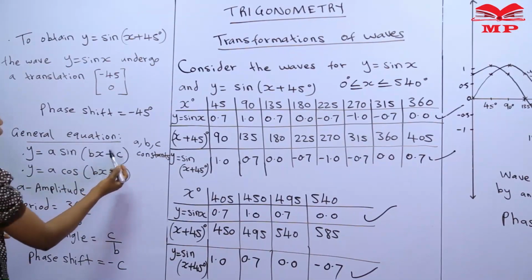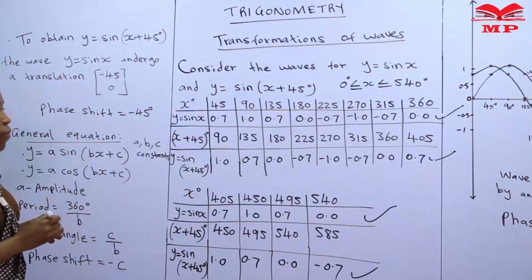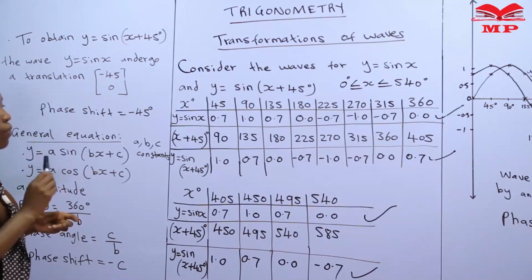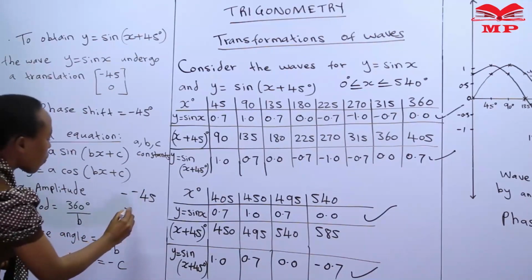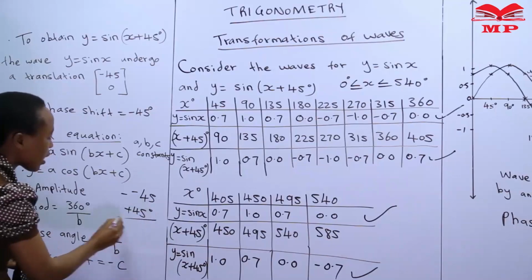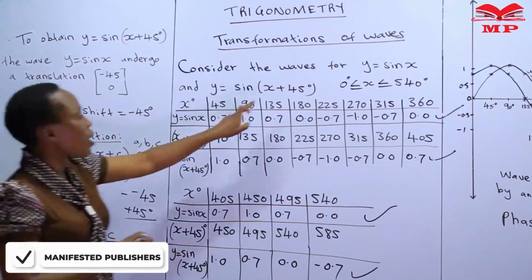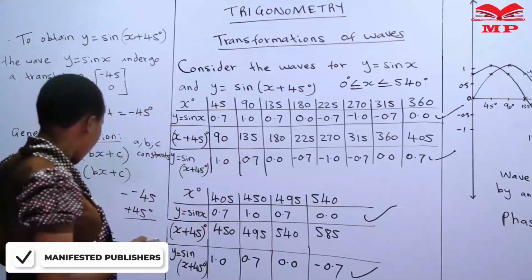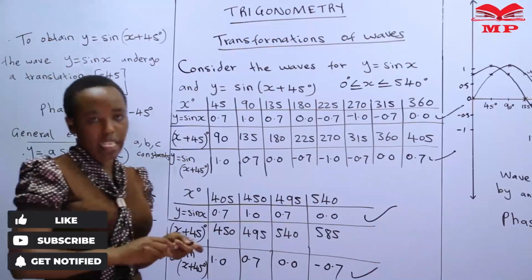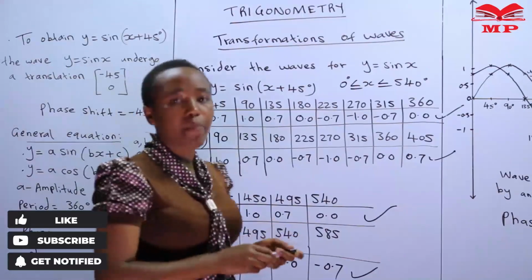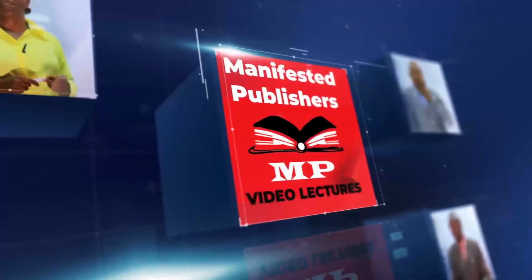Because if c is negative, we will have negative negative 45, which will be positive 45 degrees. So that will be the phase shift. But in this case, we have positive, so we have negative c, which will be negative 45 degrees. That's how we describe such a transformation.